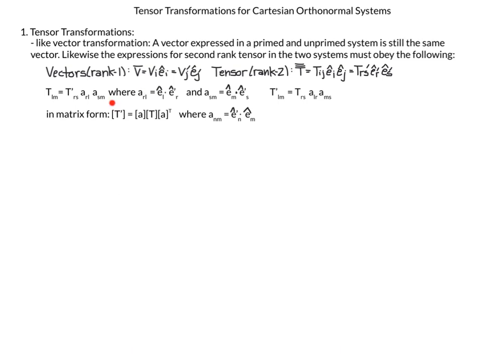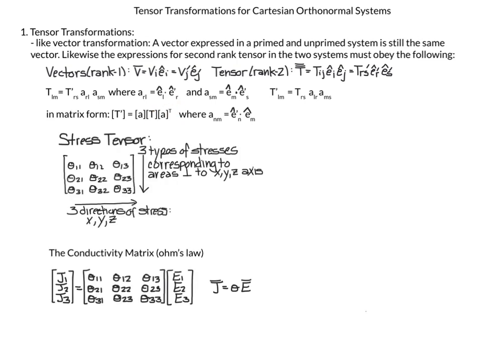And in matrix form, we would write it this way. We'd have our tensor in the primed system is equal to our matrix A times our tensor in our unprimed system times A transpose.